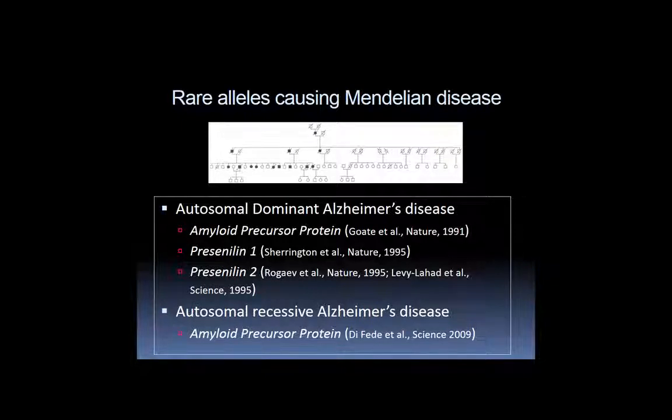Every affected individual in this family carried that variant. None of the unaffected individuals in this generation carried that variant. But in this lower generation, where people hadn't yet reached the age of onset, there were some people who carried that variant, and all of those people were the children of an affected individual. So that was good. It seemed like we had a variant that was segregating with disease.